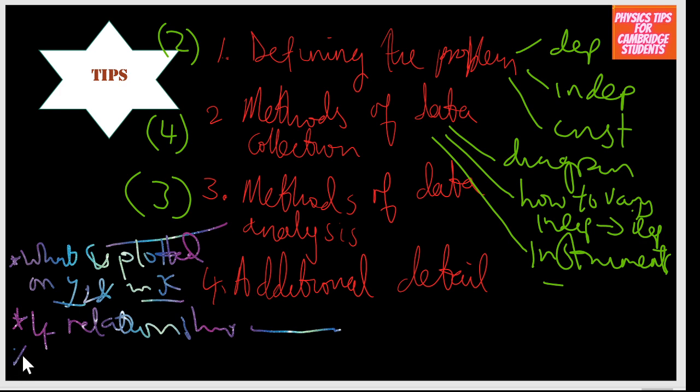And then the third mark would be to identify the constants, because they'll say, how do you get the constants? Maybe constants A or B, or constants gamma and alpha, something like that.